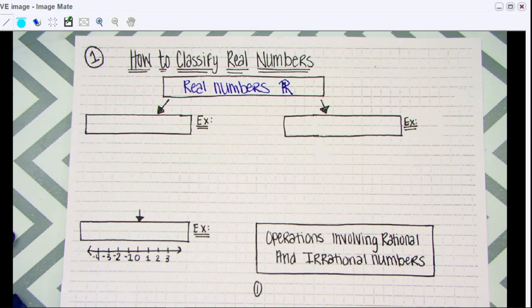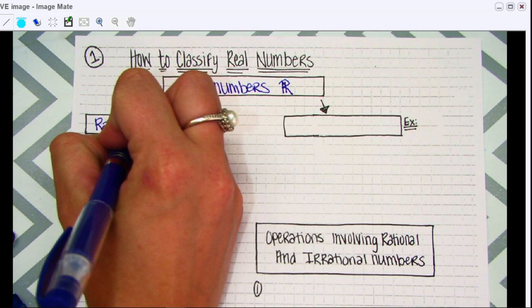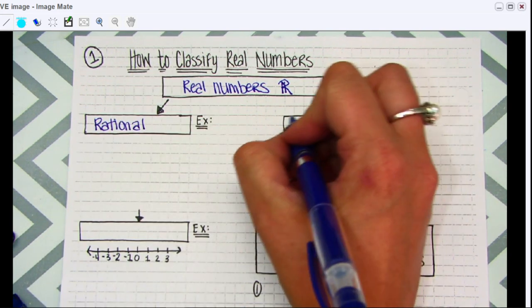So real numbers are broken into 2 categories. I'll give you a hint. One of them is like 20, and another example of one of them is pi. Rational and irrational. Good. So rational goes on the left. Irrational goes on the right.